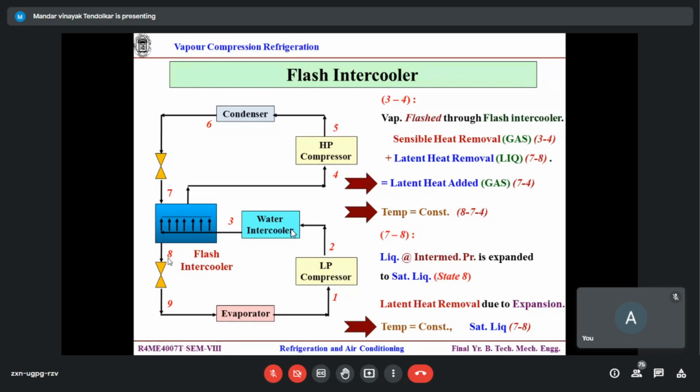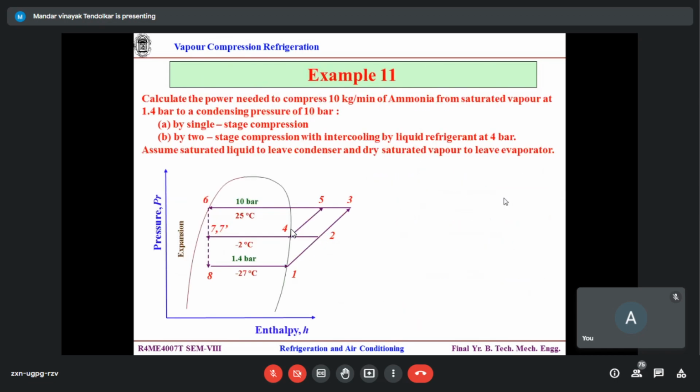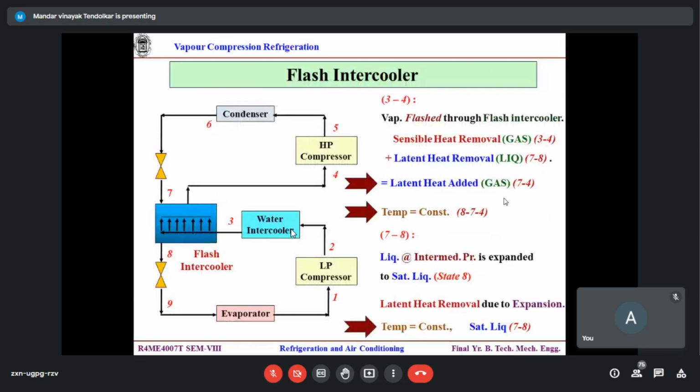Saturated liquid means 8. Saturated liquid is 8. Saturated vapor is 4. Agree? Yes, sir. And the latent heat removal due to the expansion, that is the saturated liquid process 7 to 8, means two-phase liquid part to saturated liquid.